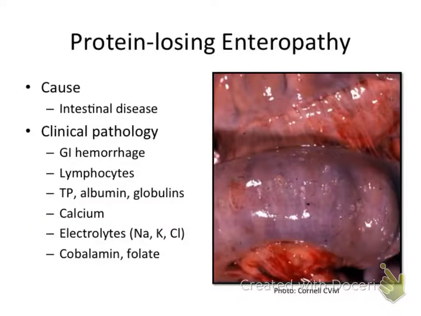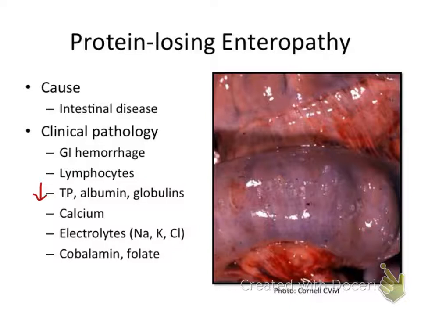A protein-losing enteropathy is when intestinal protein loss causes decreased protein concentrations in blood. Often there is loss of albumin and globulins together, resulting in panhypoproteinemia, but less frequently you can have albumin loss without globulins.